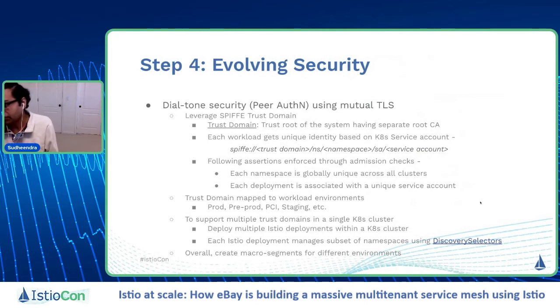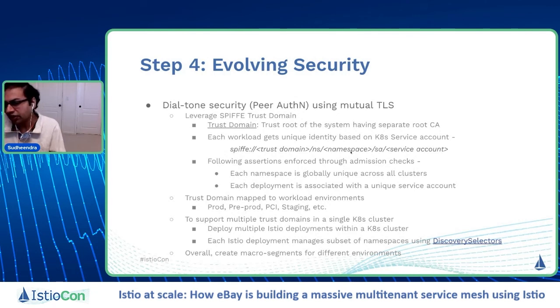The next step for us that we are looking at is to evolve security. So we are looking at mutual TLS as a way to enforce dial tone security, or what's called peer authentication. For this we are leveraging the SPIFFE trust domain, and in SPIFFE trust domain, each workload gets a unique identity.